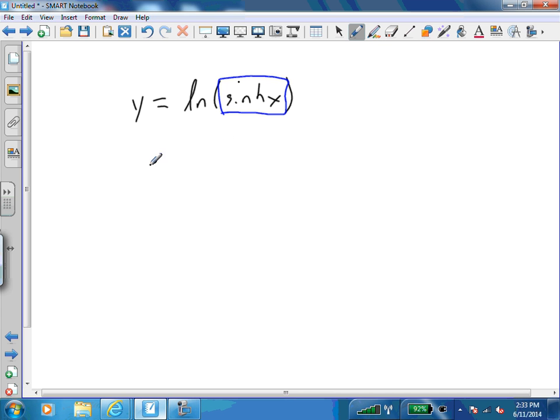U prime over u. So the derivative of natural log, this goes on bottom. The derivative of that goes on top. What's the derivative of hyperbolic sine? Hyperbolic cosine. Cosine over sine, cotangent.